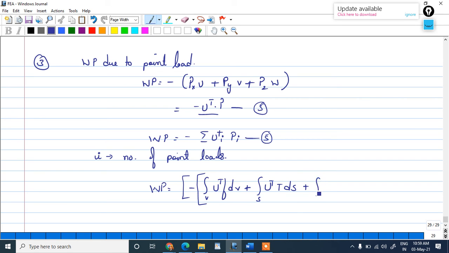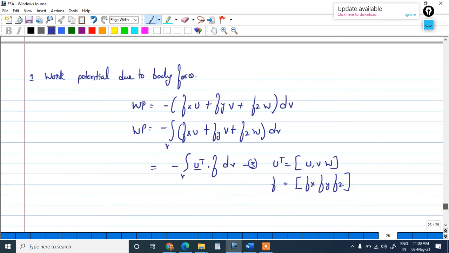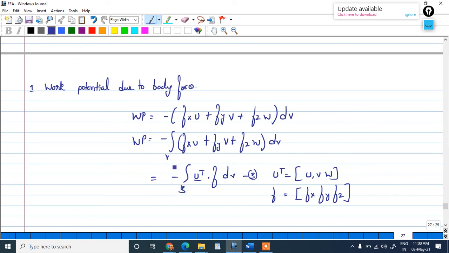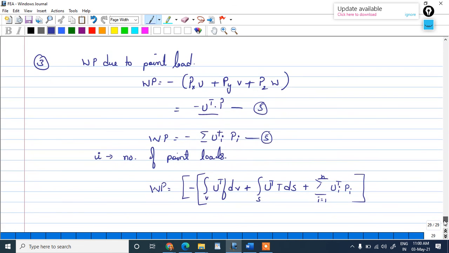This is not acting on the body, so entire volume is not required. Here it will be summation of u transpose i into p i, where i is equal to 1 to n depending on the number of point loads. Let me check whether I have taken it right. Yes, let me change that. It is acting on the surface. So this is the work potential.